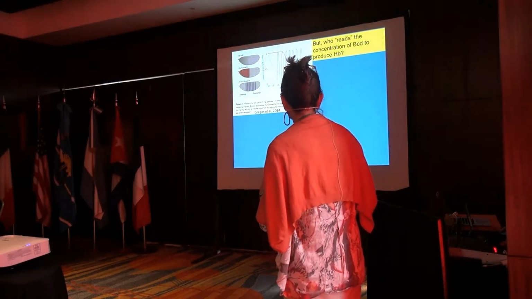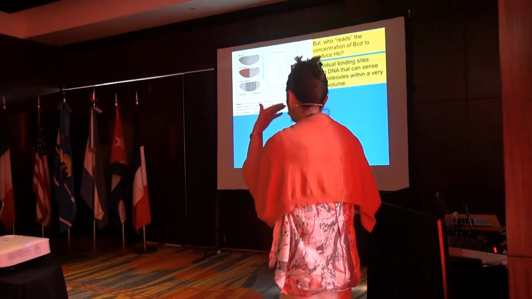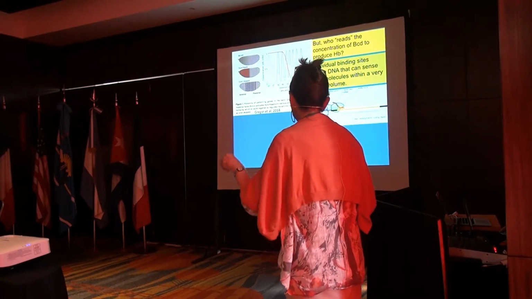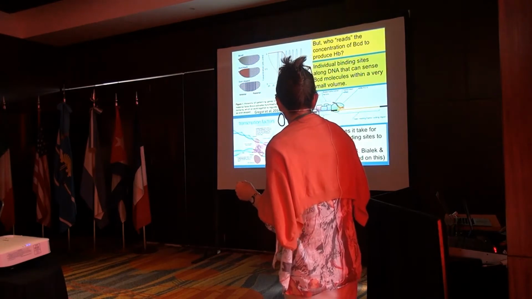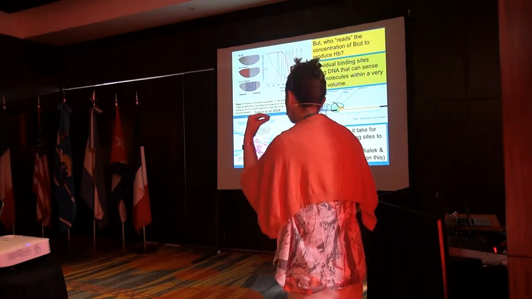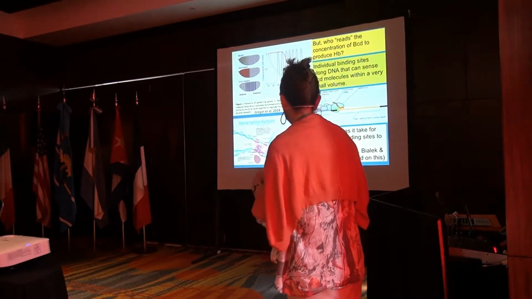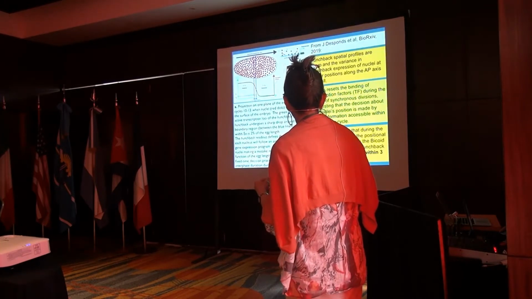And as I told you, this is something that I'm going to skip because you know that it's binding sites on DNA, because bicoid is a promoter for the transcription of hunchback. And so the question is how long it takes to be able to infer the concentration of the transcription factor by this binding of the sites along DNA.